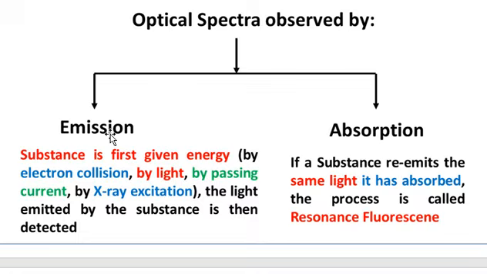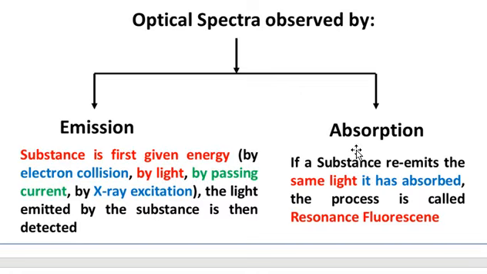The emission spectrum, as the name is obvious, is where we want to detect the light which is emitted by the substances. And in the absorption spectrum, our spectrum will be based on the missing wavelengths, that is the absorbed wavelengths by the material, which have not been emitted in the direction of our detecting instrument.